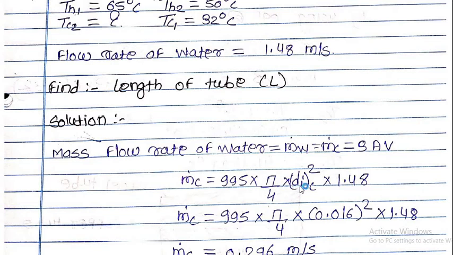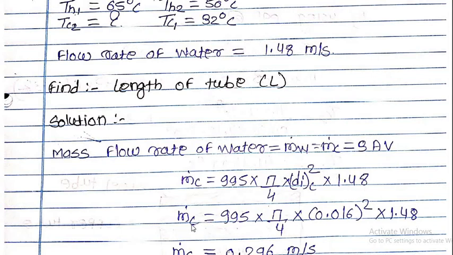So we need to consider the inner diameter of the copper tube. Therefore pi by 4 multiplied by inner diameter of copper tube squared multiplied by the velocity, or the flow rate, which is provided as 1.48 meter per second. So we have taken the same 1.48.